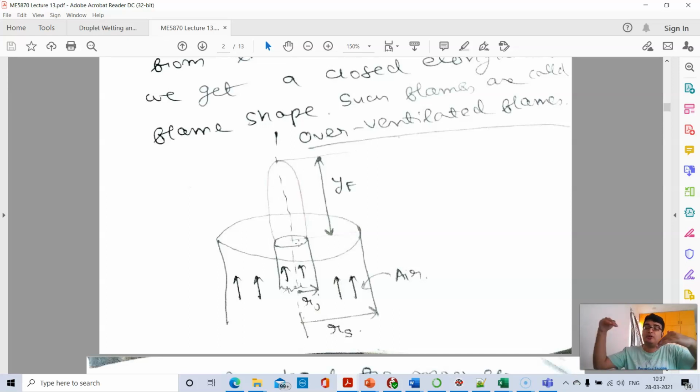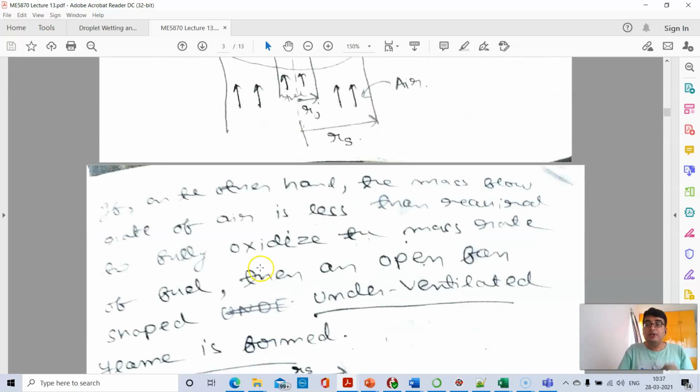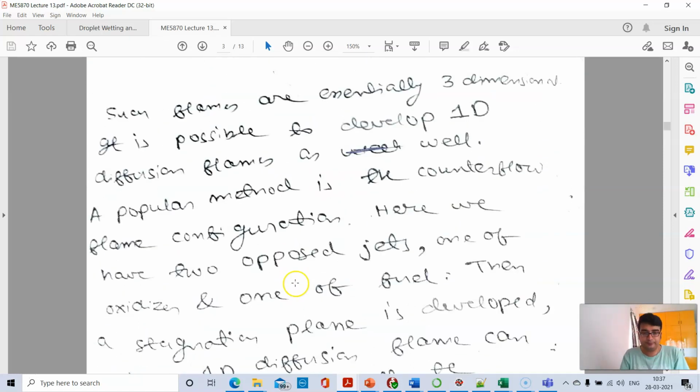So the flame is located precisely where the fuel mass fraction and the oxygen mass fraction are at stoichiometric proportion for that specific fuel molecule. That is the condition that determines where the flame front is going to be.